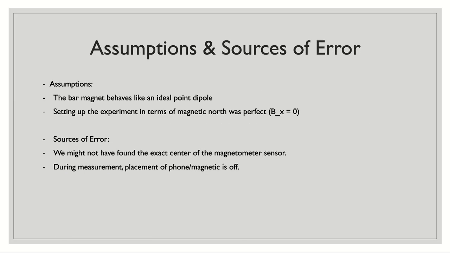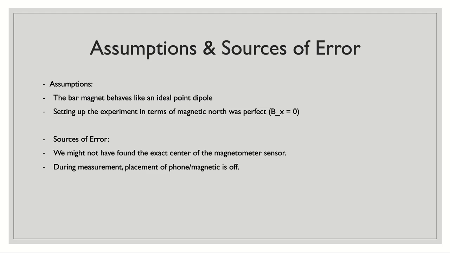Coming out of this, we have to make some assumptions and identify sources of error. The two assumptions I could come up with were that the bar magnet behaves like an ideal point dipole, and that we set up the experiment so that not just Bx was 0.